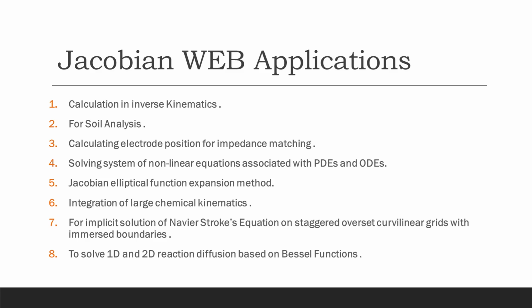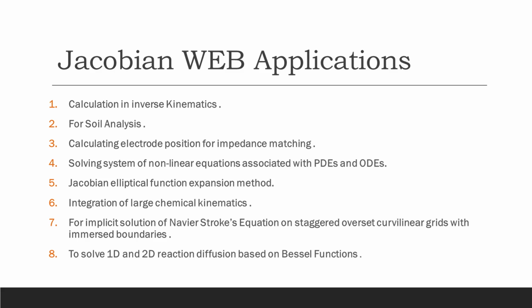Implicit schemes can be used to overcome this restriction but cannot be used for the Navier-Stokes equation due to their non-linearity. So, the Krylov subspace method combined with the Newton method can be used in the case of the Navier-Stokes equation. The point is that the Newton-Krylov method uses the Jacobian matrix to solve the nonlinear system of equations.